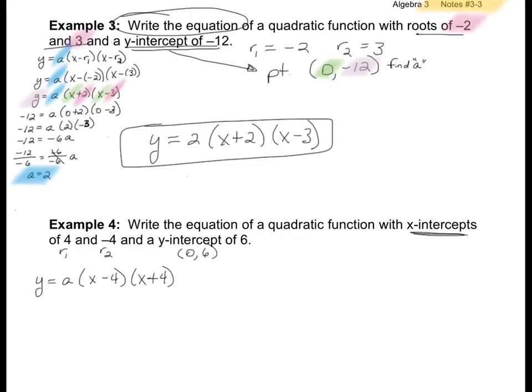Then we use this for our x and y. I'm not highlighting this because I did it before. For the y, we put in the 6. We're going to figure out what a is. Put in a 0 for the x's. Okay. And so we end up with 6 equals a times negative 4 times positive 4, because 0 plus those are the same numbers. That's going to be negative 16a equals 6. Then we're going to divide by the negative 16.